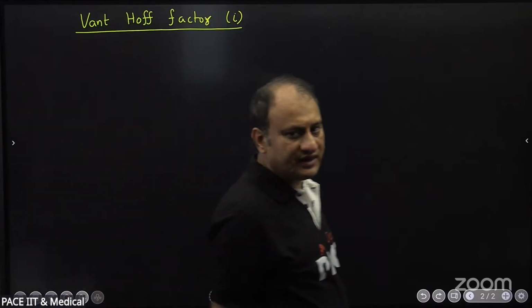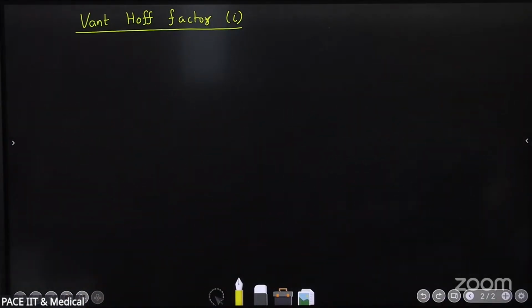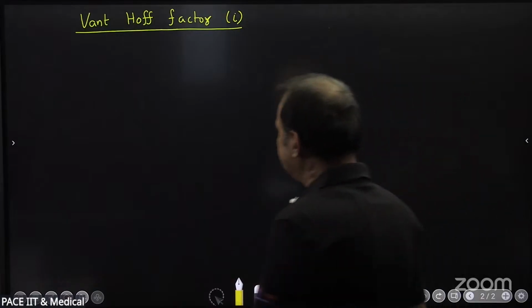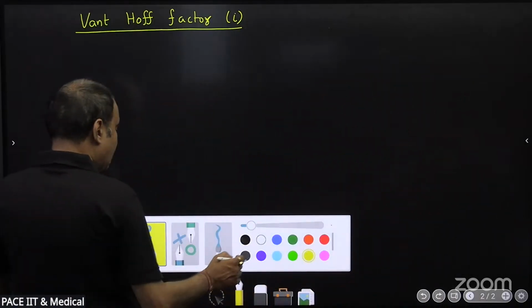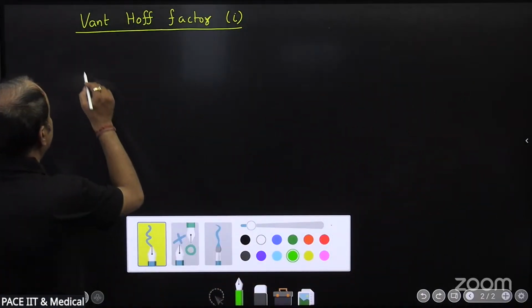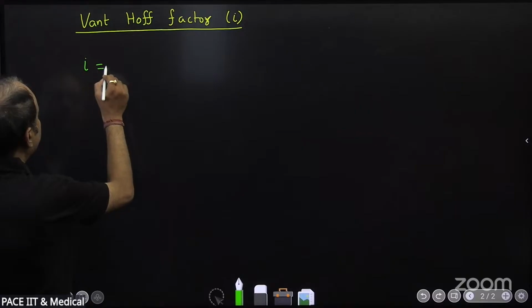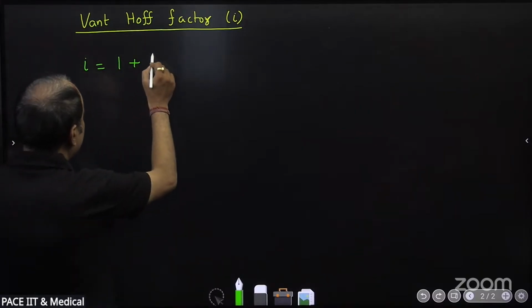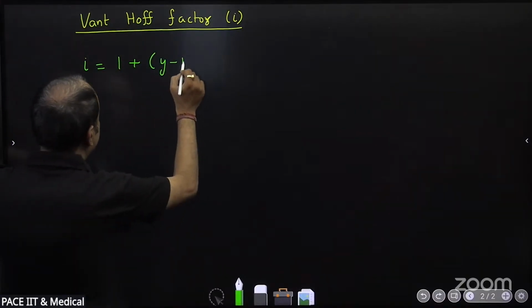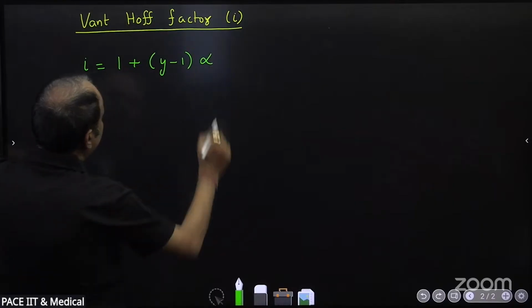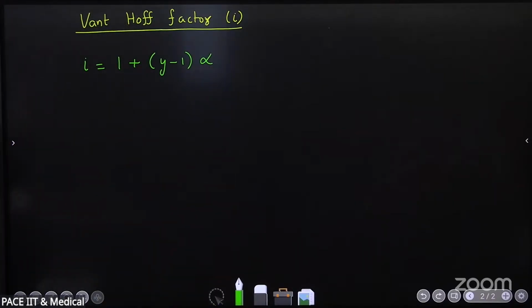So this term will take care of dissociation or association of solute molecules in a solution. How is Van 't Hoff factor given? So Van 't Hoff factor we will give by the relation i is equal to 1 plus (y minus 1) into alpha.